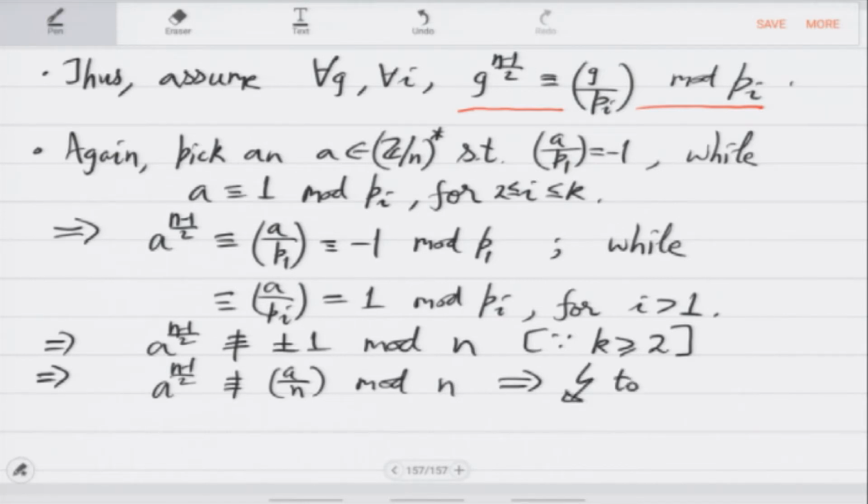This is a contradiction to B equal to Zn star. So which means that B is not Zn star. That's what we have shown.